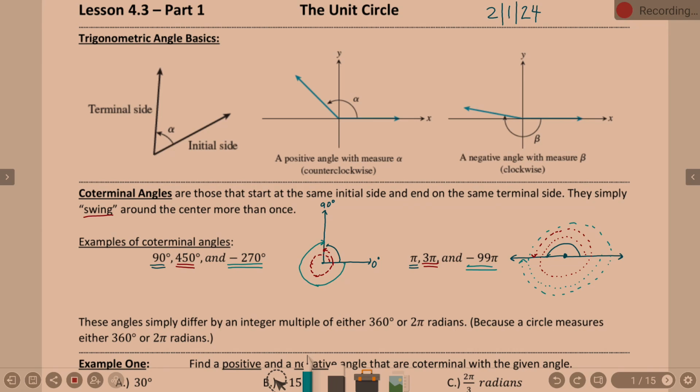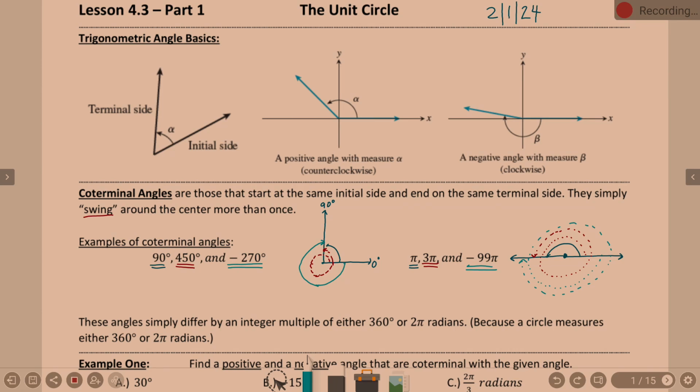Okay, so there's a side note down here. These angles simply differ by an integer multiple of either 360 degrees or 2 pi radians. And that's because the circle measures 360 degrees or 2 pi radians. I already talked about that, didn't I? Mentioned that several times. But I cannot stress getting this ingrained in your head enough, okay?